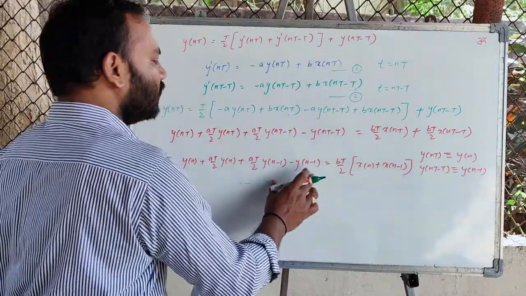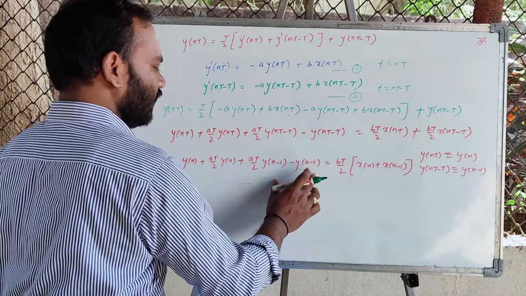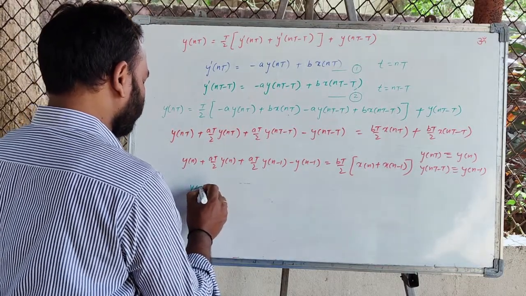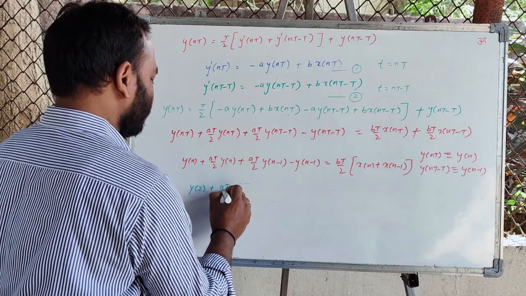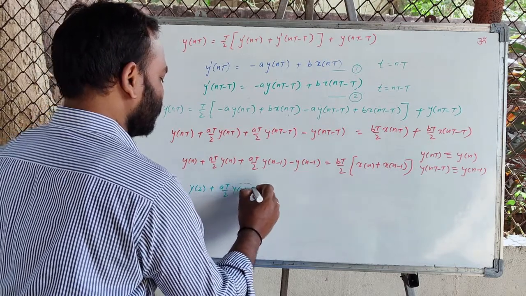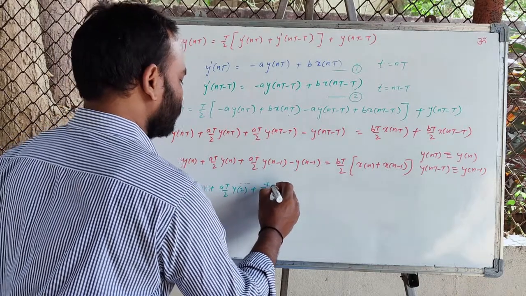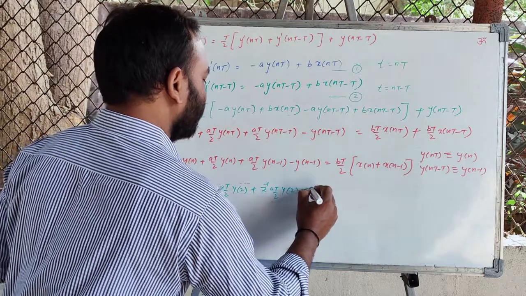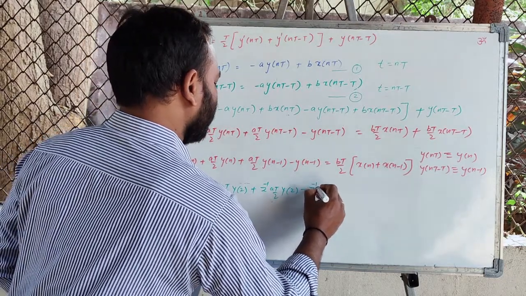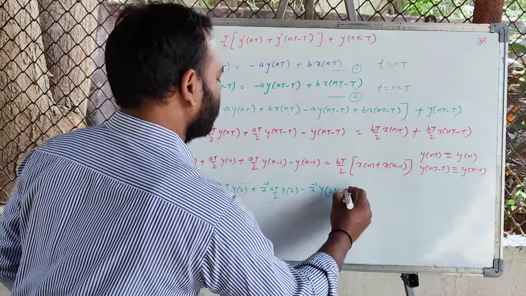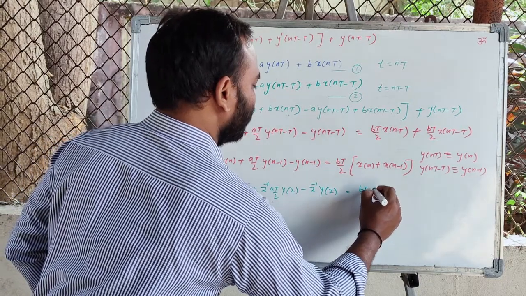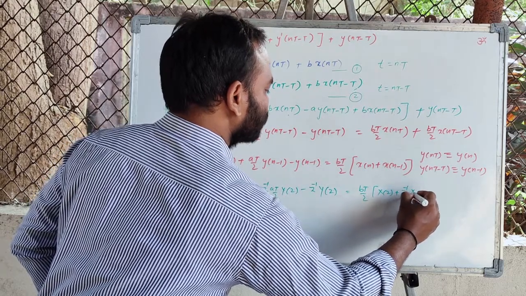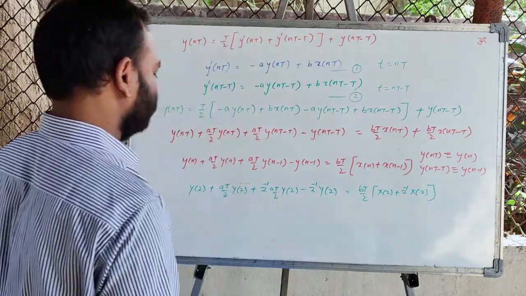Now apply the z transform to this equation. Then we are going to get Y of z plus aT by 2 Y of z plus z power minus 1 aT by 2 Y of z minus z power minus 1 Y of z is equal to bT by 2 X of z plus z power minus 1 X of z.